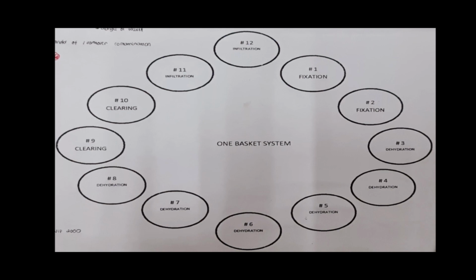This gives you 1.5 hours for both baskets 9 and 10, so from 1:30 to 4:30 a.m. Lastly, for infiltration or impregnation, that's using paraffin wax, you have to allot 2 hours for each, so from 4:30 a.m. to 8:30 a.m. By the time you go back to the laboratory, your tissues are already fixed, dehydrated, properly cleared, and infiltrated, now ready for embedding.